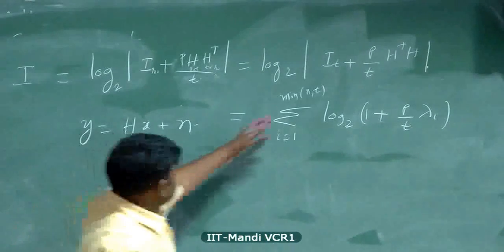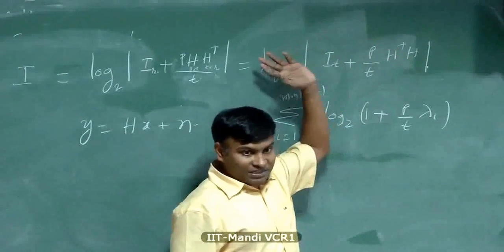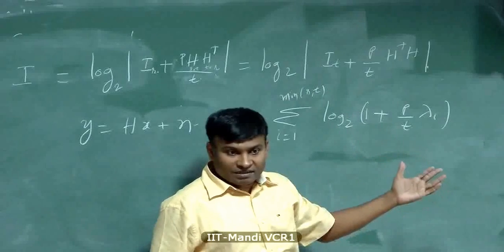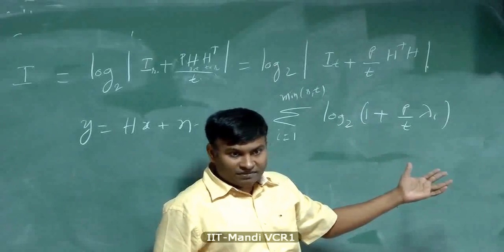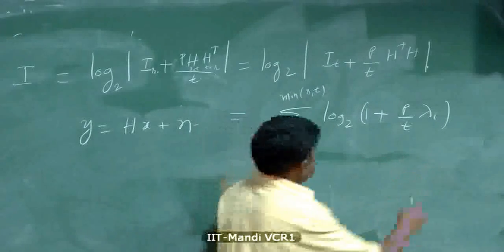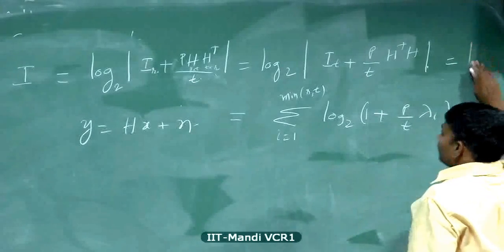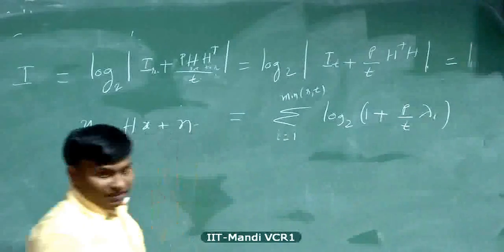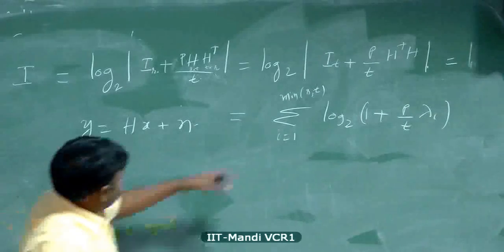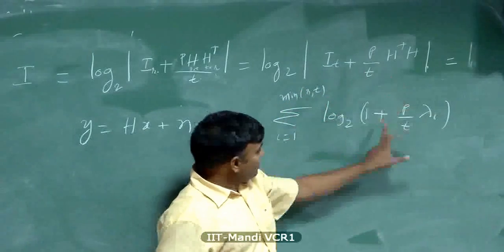How is it possible? Well, the determinant of H Hermitian H, determinant of a matrix, is equal to the product of eigenvalues, and you bring this one inside.